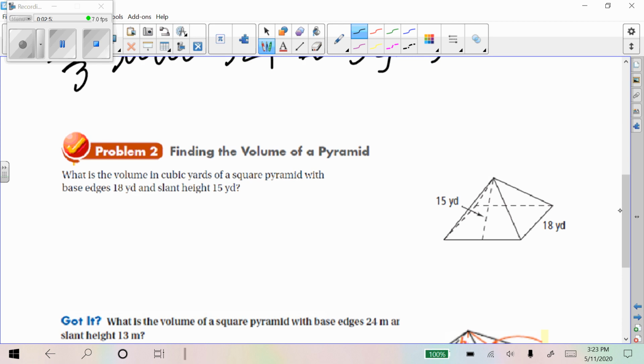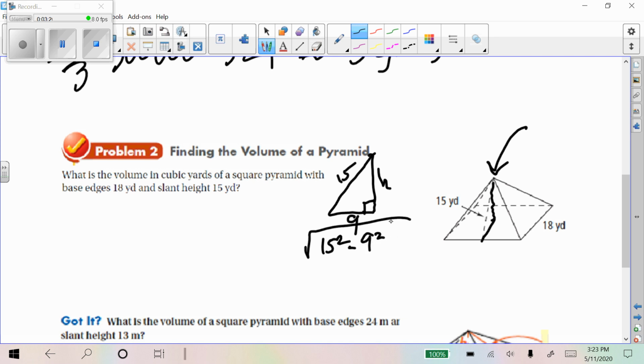On this one, we're given the slant height. We don't want that. We want the height. So looking at the slant height as our hypotenuse and the height as our inside height, that would be this line straight down to the center. And then this would be 9 since it'd be half of the 18. And this is 15. So to find that height, we're first going to have to do 15 squared minus 9 squared, and then do the square root of that.